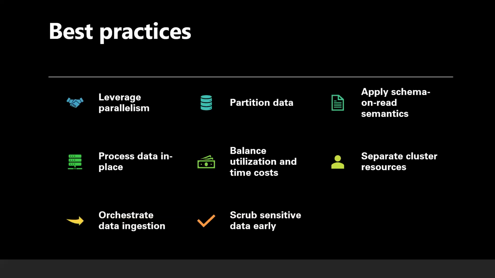Next one, balance utilization and time cost. For batch processing jobs, it is important to consider two factors: the per unit cost of the compute nodes and the per minute cost of using these nodes to complete the job. And next one, separate cluster resources. When deploying HDInsight clusters, we will normally achieve better performance by provisioning separate cluster resources for each type of workload.